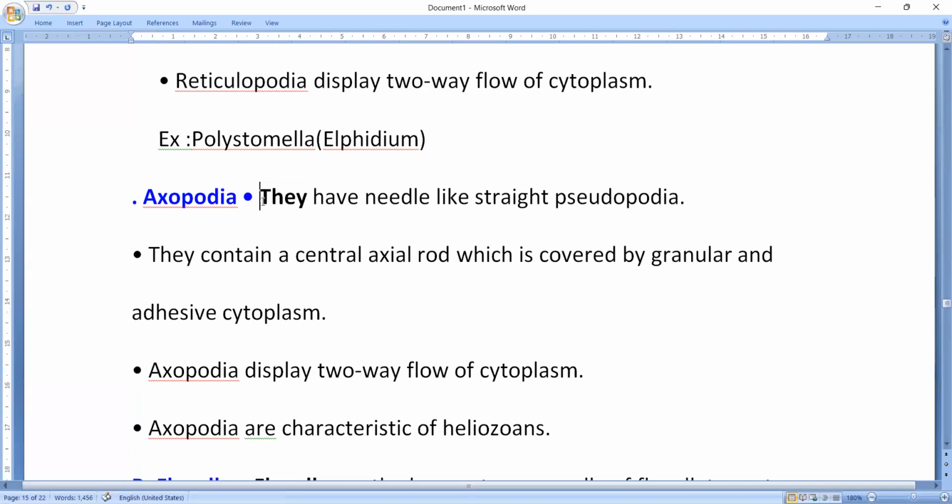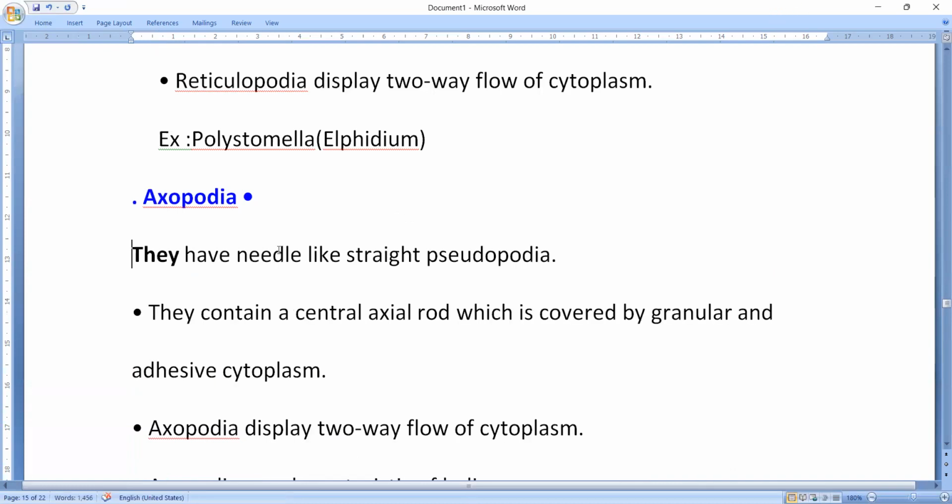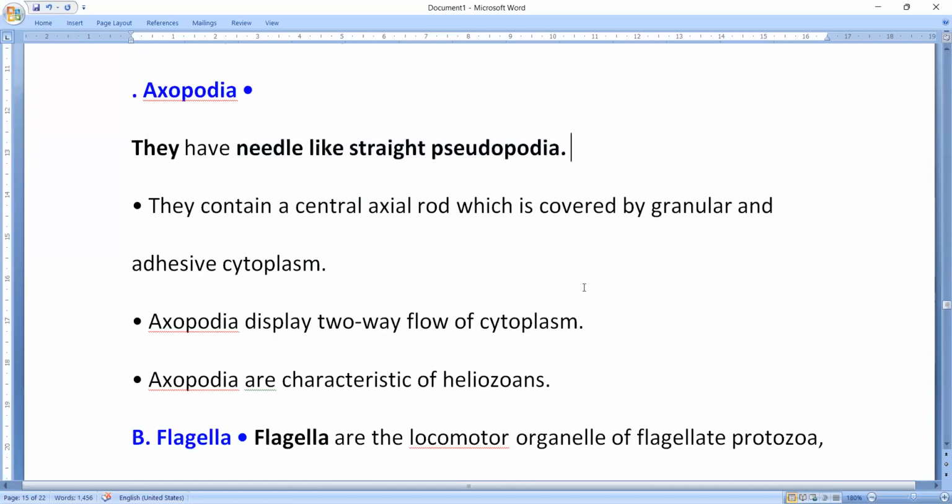Axopodia means they have needle-like, straight, rod-like pseudopodia.